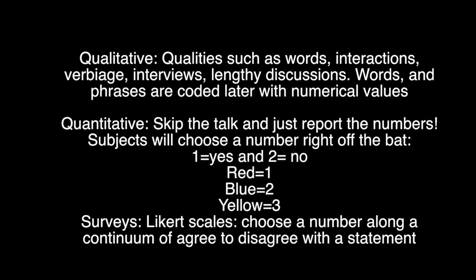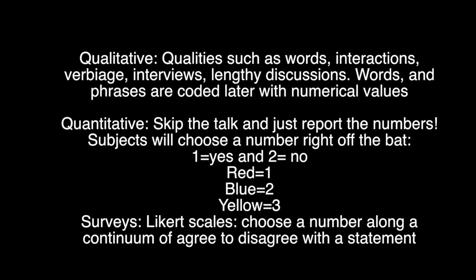Now, when you're looking at research methods, you can simply choose between qualitative or quantitative. Qualitative are very difficult to conduct. They look at qualities, words, interactions, interviews, lengthy discussions. Words and phrases are coded later with numerical values. Quantitative, you just skip the talk and report the numbers.